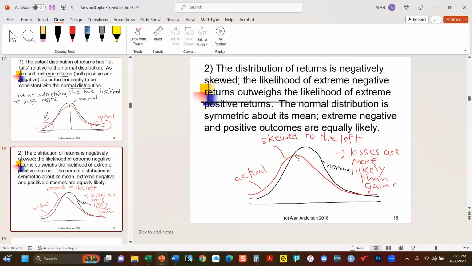In other words, because there's a bias in favor of the losses, the actual returns are likely to be lower than they would be if we had the normal distribution. So you find yourself essentially overstating the true returns to your portfolio with this model, which is not the best thing in the world, because you were hoping to properly capture the risk and return here.